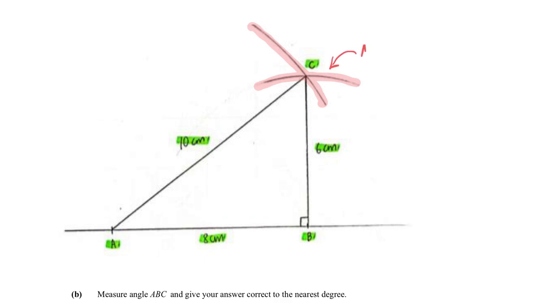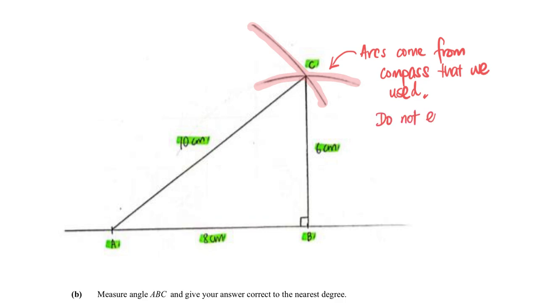these are what we call arcs. And where do the arcs come from? The arcs come from the compass that we used. Okay? And this is important because this serves as an essential working. So we do not erase these arcs.